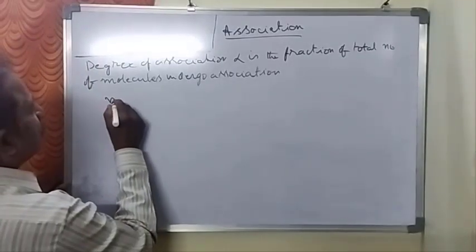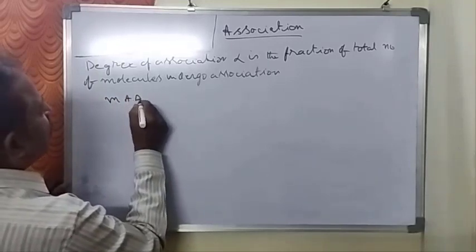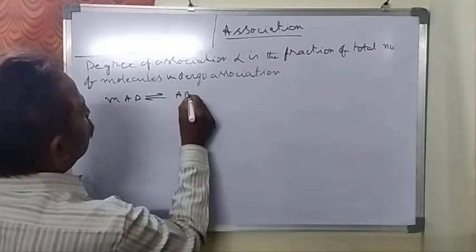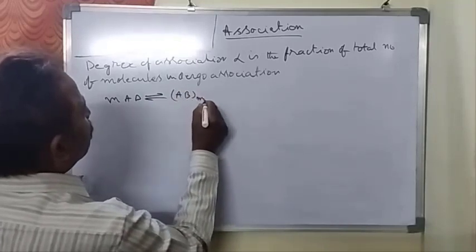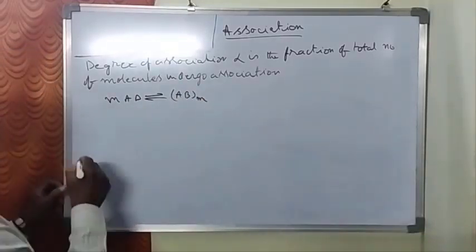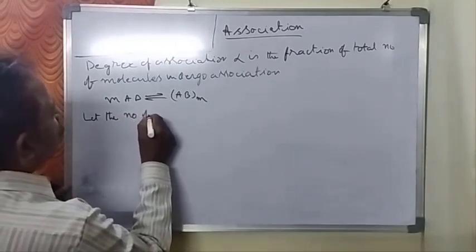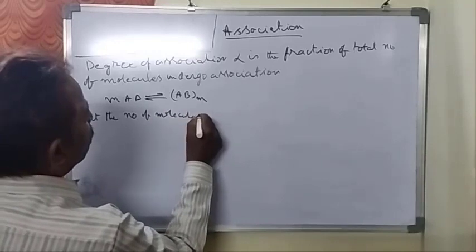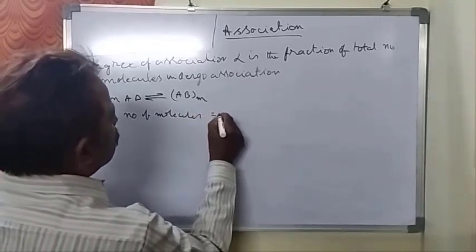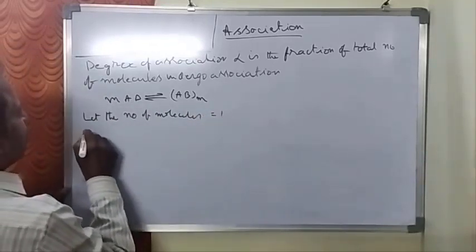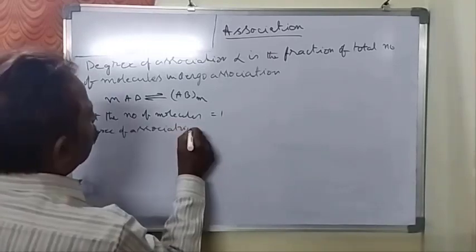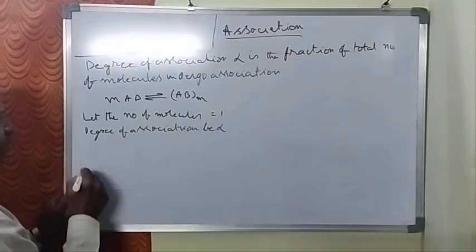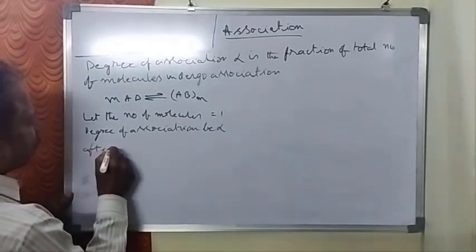Suppose n molecules associate to form A_n. Let the number of moles be 1, and let the degree of association be alpha.